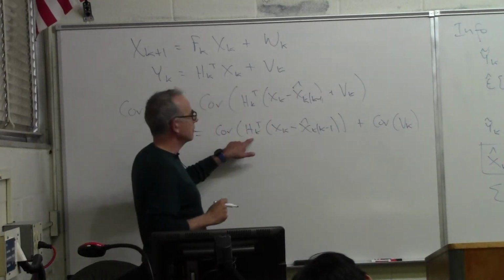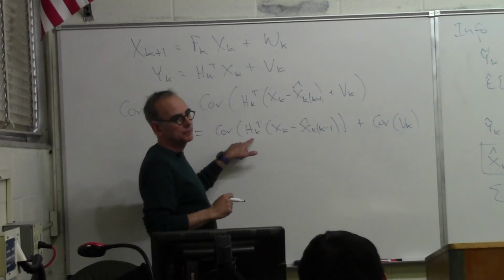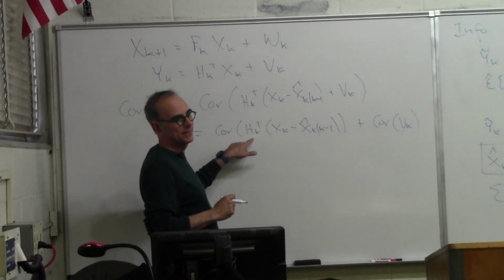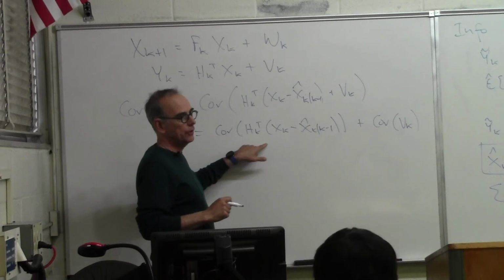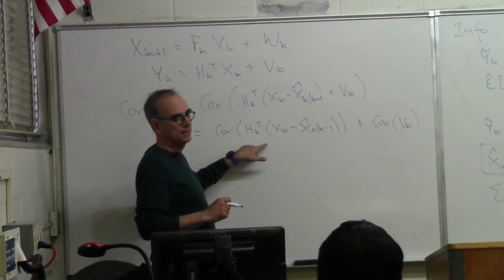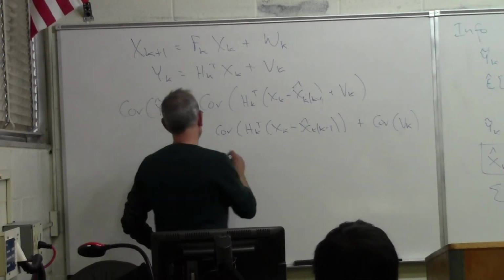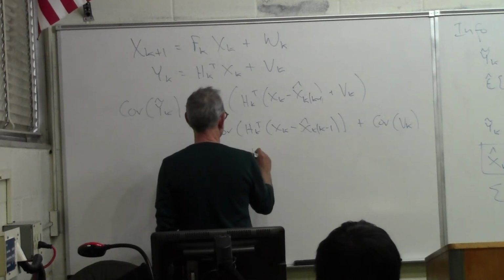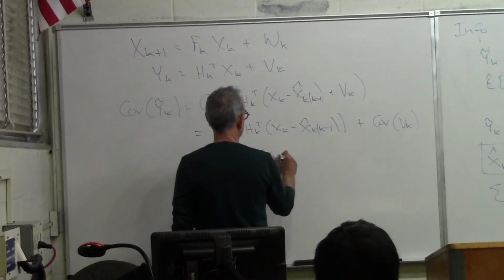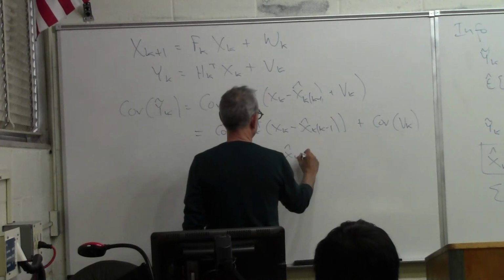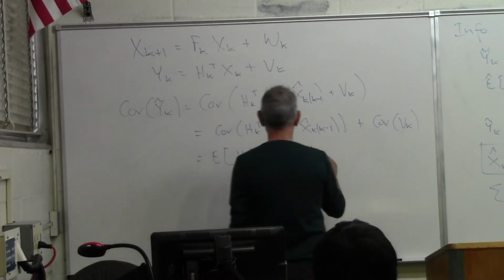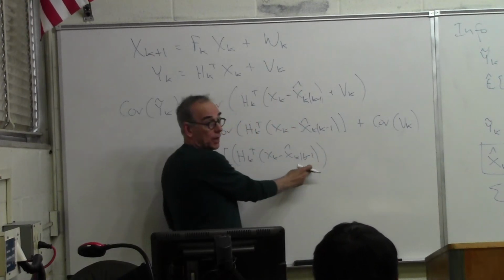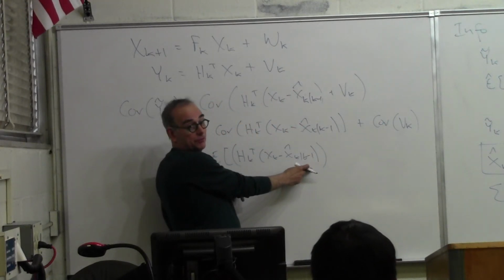Cool, and this has a name. The covariance of this whole thing has a name. Well, I'll do the same thing I did before. I would write this squared, but that wouldn't be very informative.